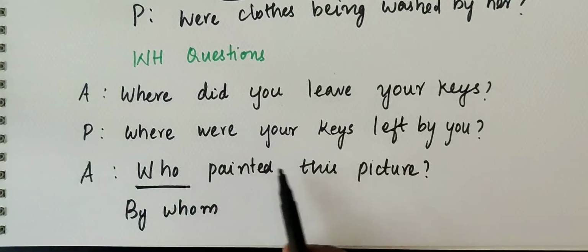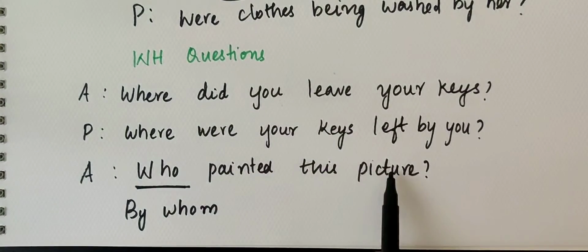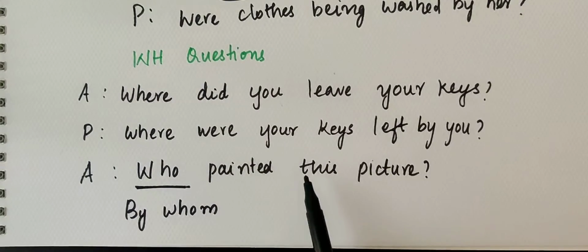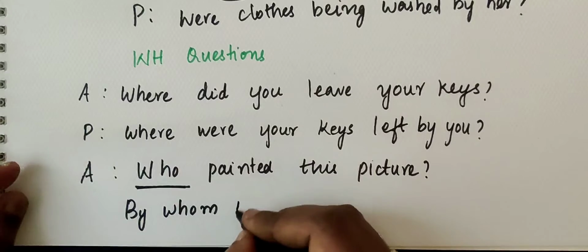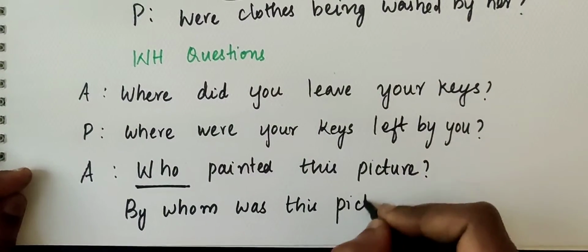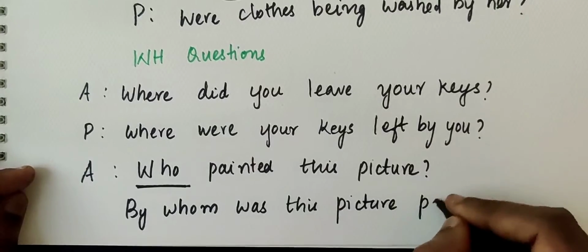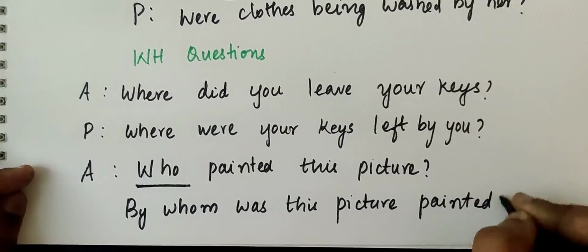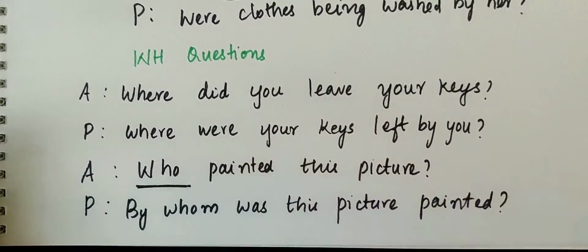Then just convert it in passive. This picture was painted. So was will come first. So by whom was this picture painted? See, passive.